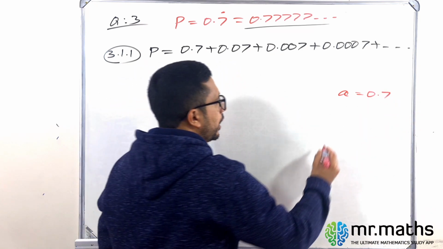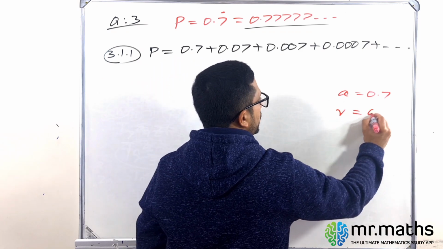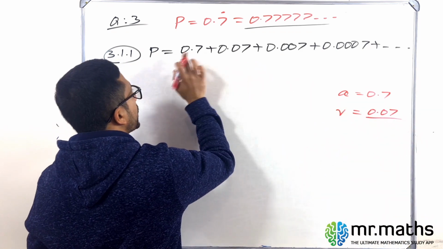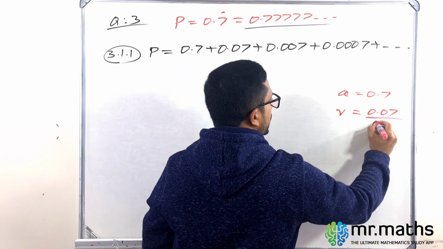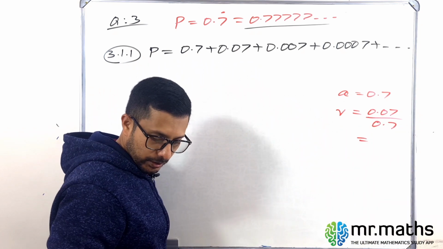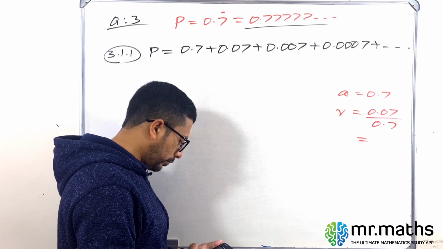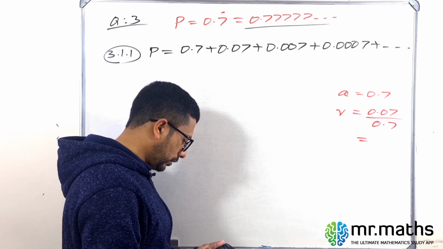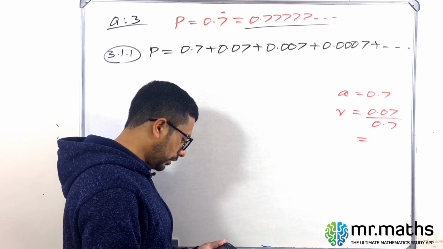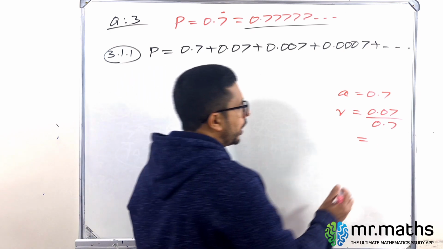Then am I getting a common ratio here? Let's check. The second term, 0.07, divided by the first term, 0.7. Check in your calculator, what is the answer? 0.07 divided by 0.7 gives 0.1.